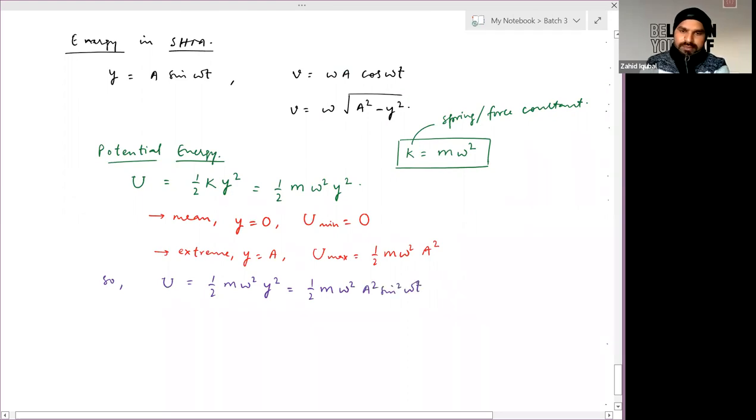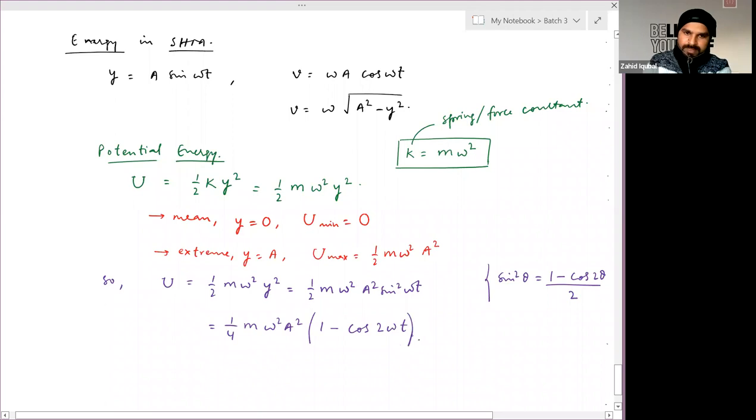So it will be like this. Now we have to transform this particular sine square theta into a linear power. So we may write sine square theta equals 1 minus cos 2 theta divided by 2. So using this, it will be 1 by 4 m omega squared a squared times 1 minus cos 2 theta, that is cos 2 omega t.